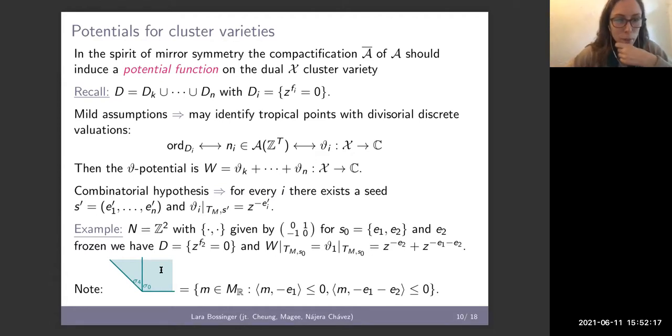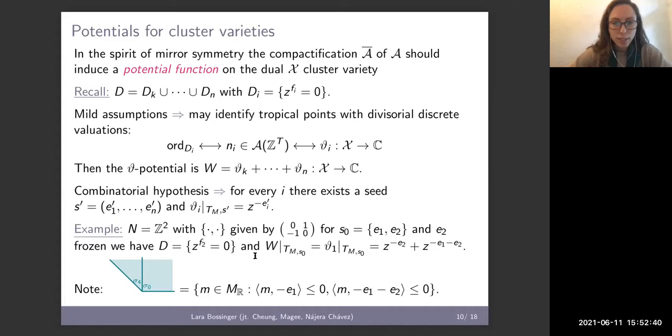If you remember this cone that I have drawn out before, in this case the scattering diagram for the X variety, you might notice that the monomials in my superpotential correspond exactly to the hyperplanes that define my cone.